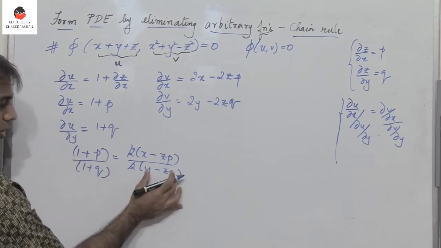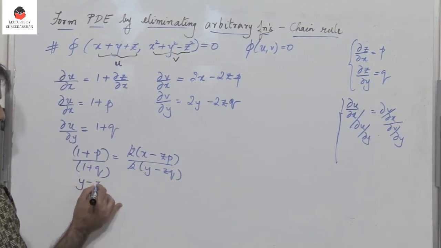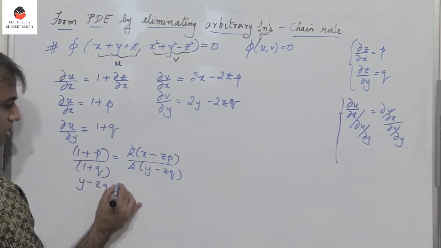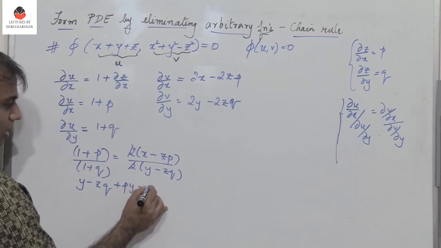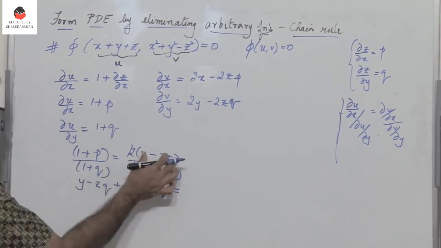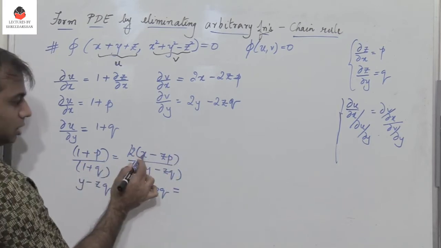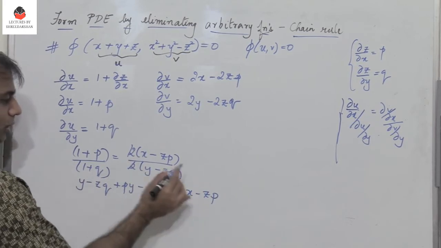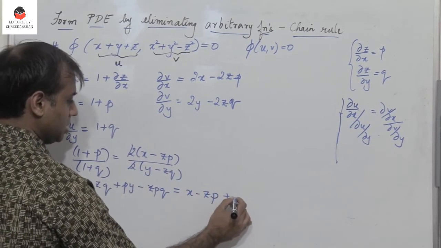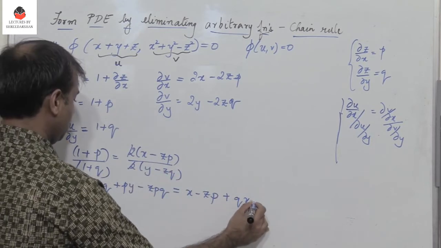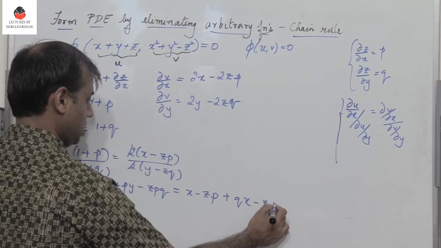So 1 into this term is y minus zq. P into these two terms is plus py minus zpq, equals multiply 1 plus q with this term. So 1 with these two is x minus zp. Now multiply q with x, which is plus qx, and multiply q with this, which is going to be minus zpq.